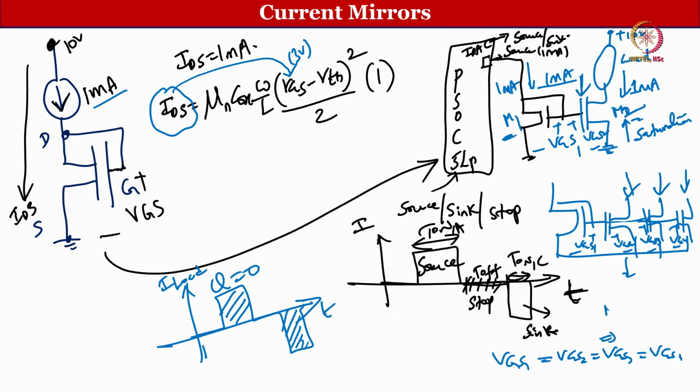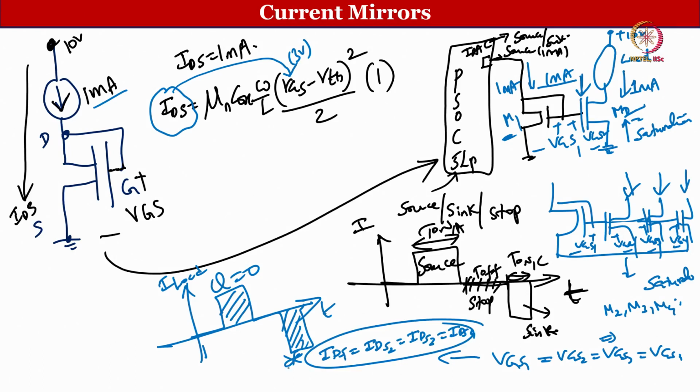If you can bias M2, M3, M4 into saturation, then IDS 1 is equal to IDS 2 is equal to IDS 3 is equal to IDS 4. You understood that, right. So, this is how we can do the current mirroring on an overview, correct.